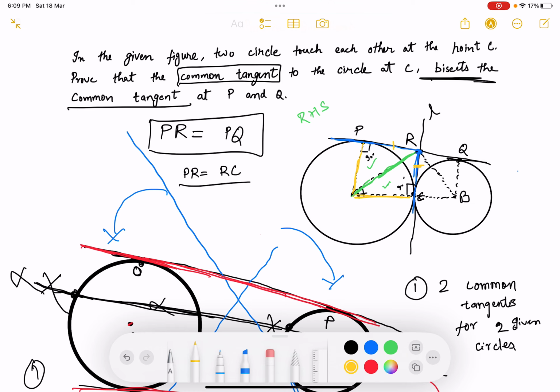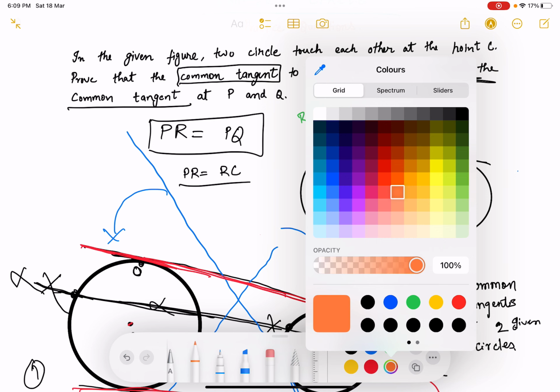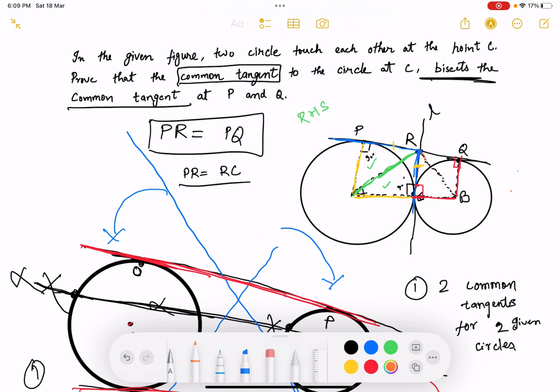This is the radius, and again this is 90 degrees. This is a tangent, this is also a tangent, 90 degrees, 90 degrees, and again this side is common. So by RHS criteria, again these two triangles are congruent, and if they are congruent, the corresponding sides are equal.